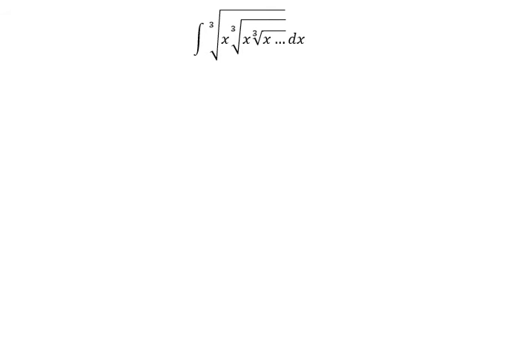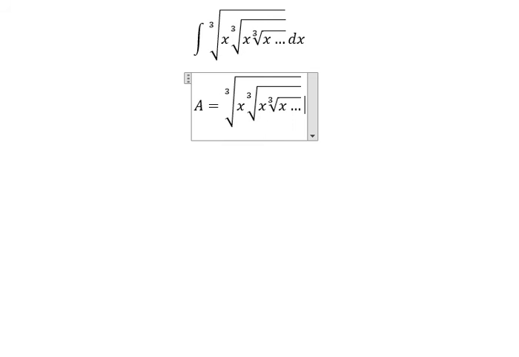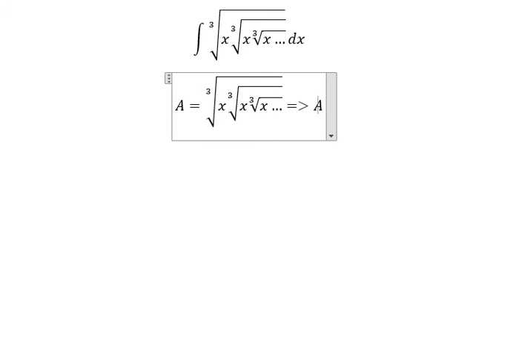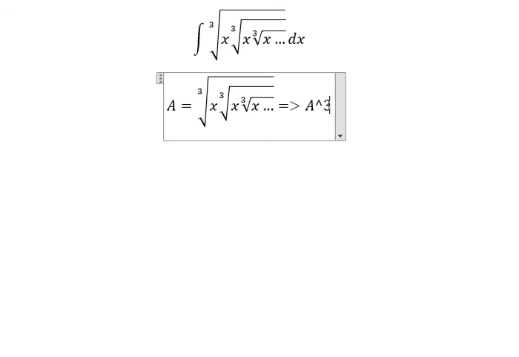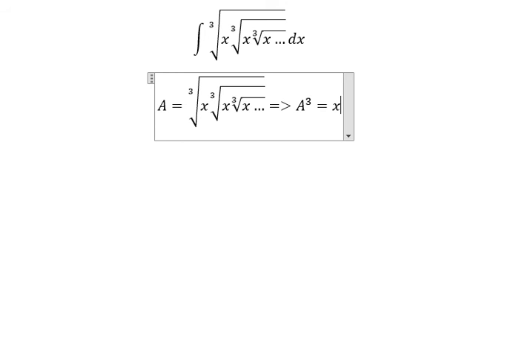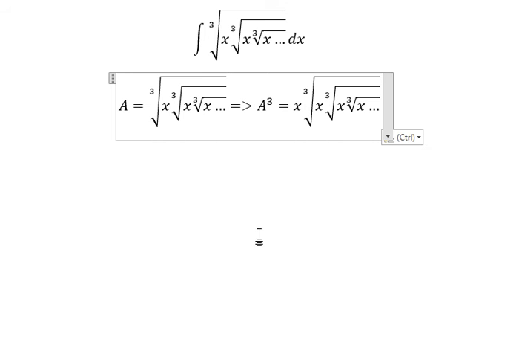First, we need to put capital A equal to this expression. Later, we put A to the power of 3 equal to s multiplied with the square root or the cubic root.